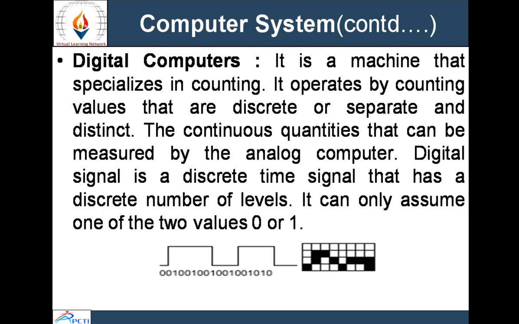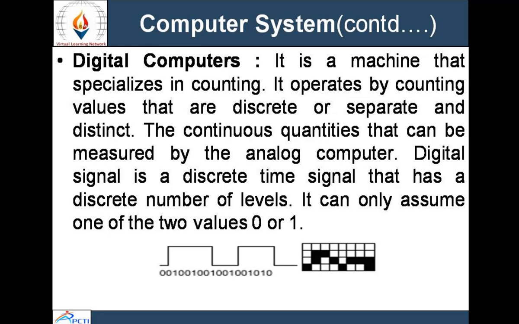Digital computers. It is a machine that specializes in counting. It operates by counting values that are discrete, or separate and distinct, unlike the continuous quantities that can be measured by the analog computer. A digital signal is a discrete time signal that has a discrete number of levels.